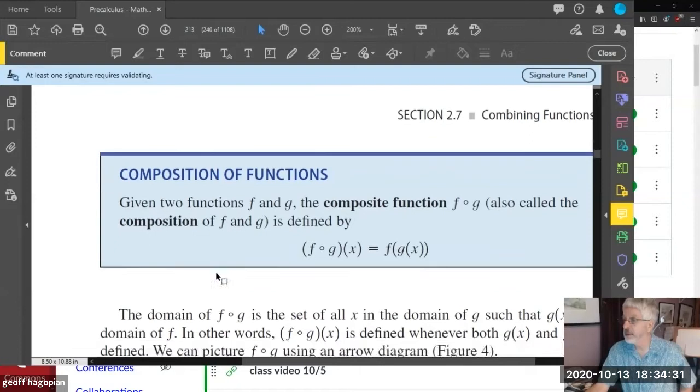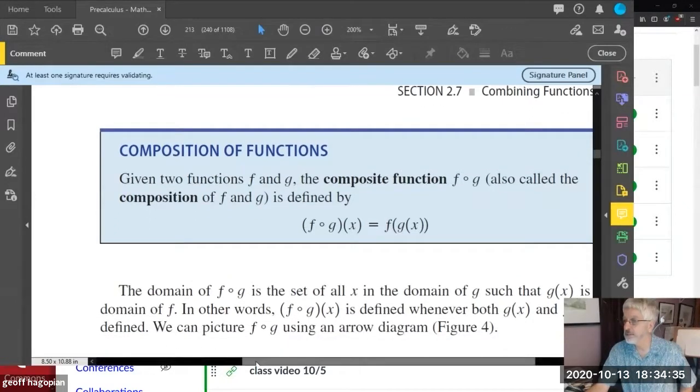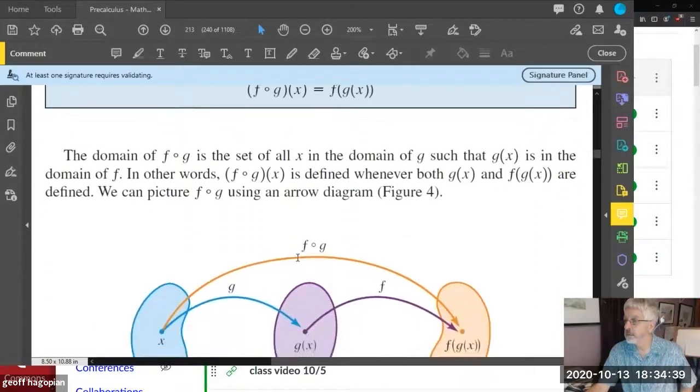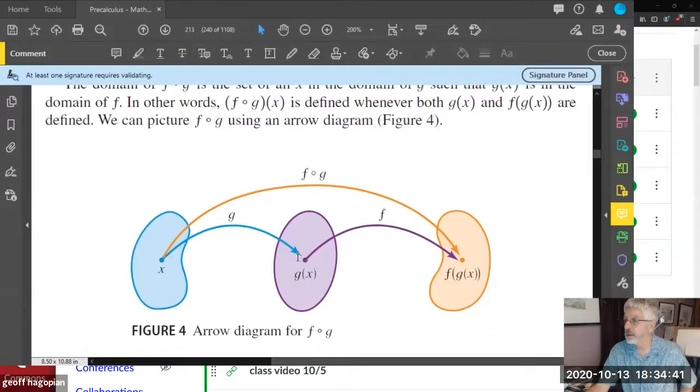All right, and so there's a definition. It's called the composition. And an arrow for f of g. So thinking of the domain of g as this blue set of values here, the image of that domain under the action of g is this purple area here.